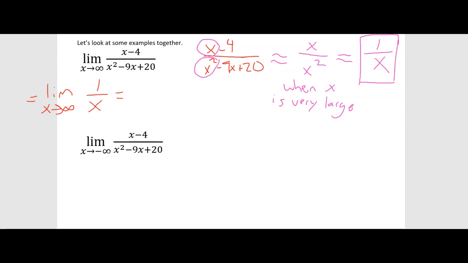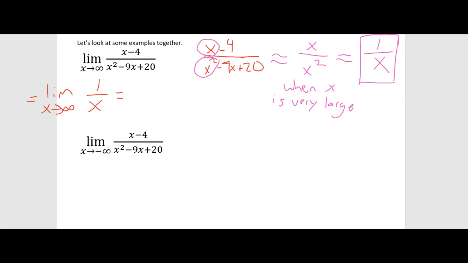As I divide 1 by larger and larger numbers, you could think about as I break a pizza up into more and more slices, the size of each slice is going to get smaller and smaller and smaller. And if you had to cut a pizza up into 100,000 slices, each person would basically be getting nothing, right? They get a small sliver.